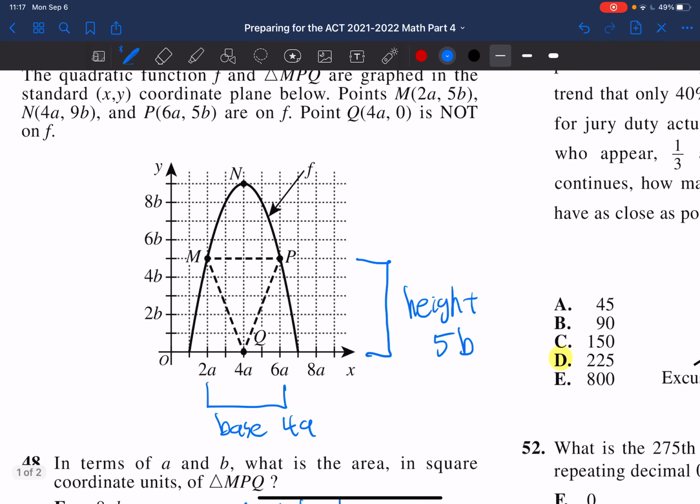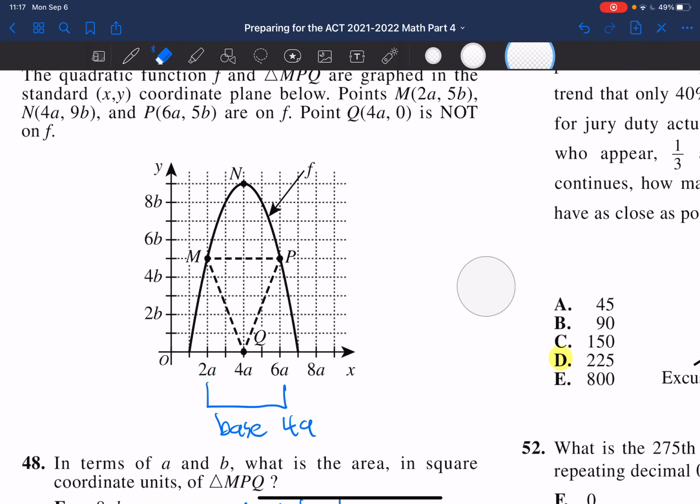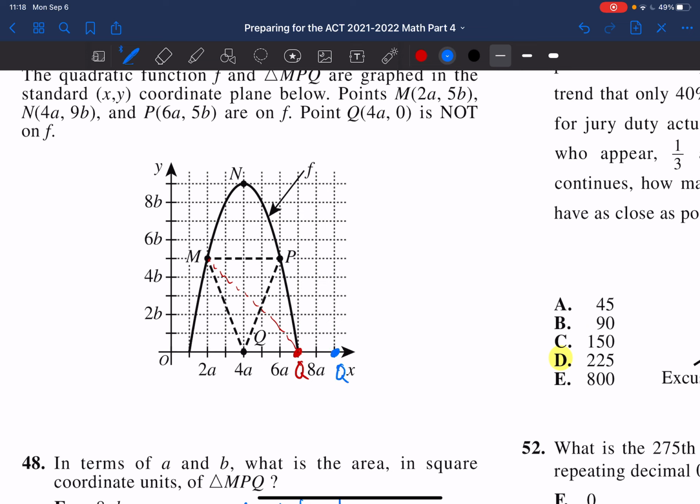So we have to imagine, let's erase this, that point Q is now over here. And there's our line. And then let's do it again over here. And let's do it way over here.